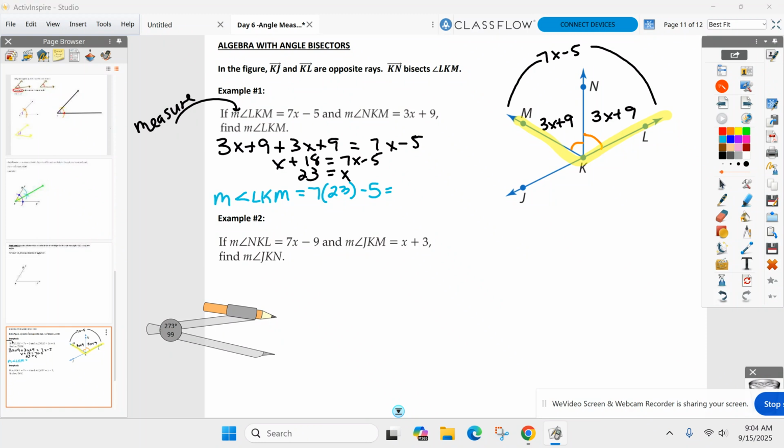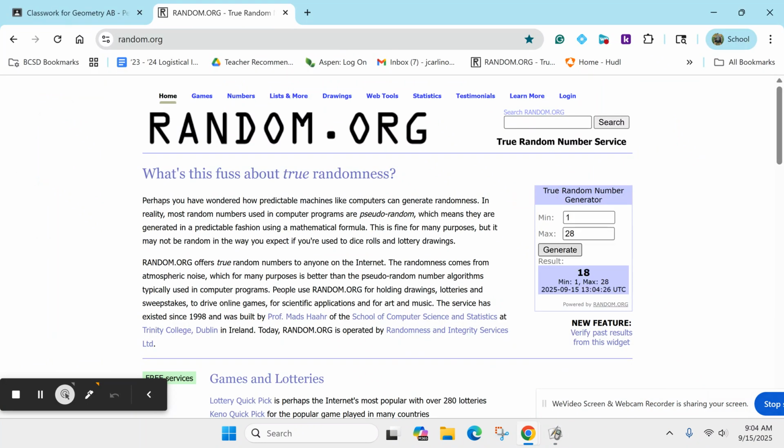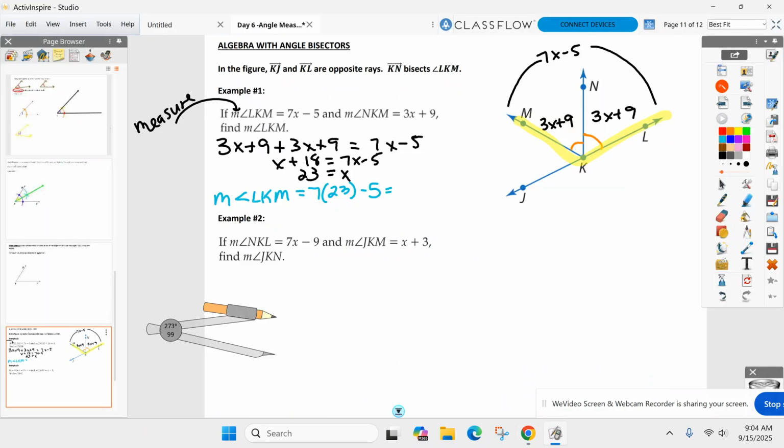When you have it substituted and calculated, let me know. Take your time. John Carlo, 156 degrees. There it is. You can put the little degree symbol there if you want. It doesn't matter to me.